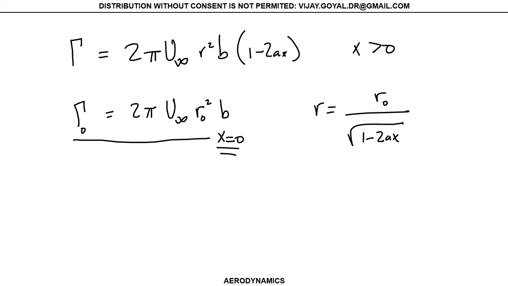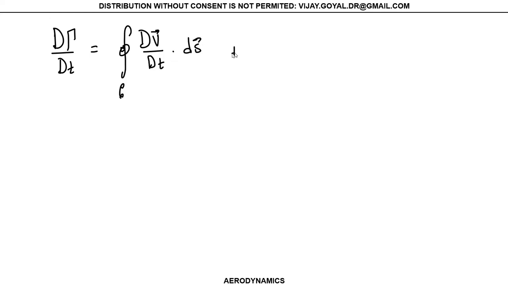Now we need to take the derivative with respect to time, and we showed in class that this is the closed integral of dv/dt dot ds plus the closed integral of v dot d/dt of ds.